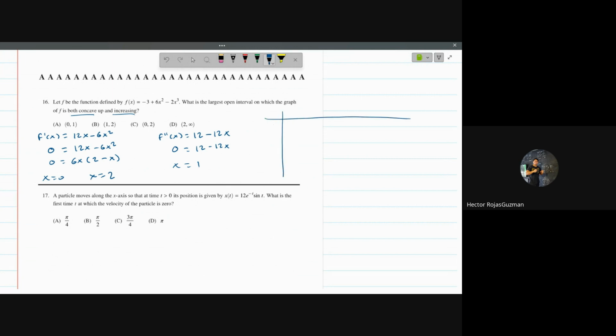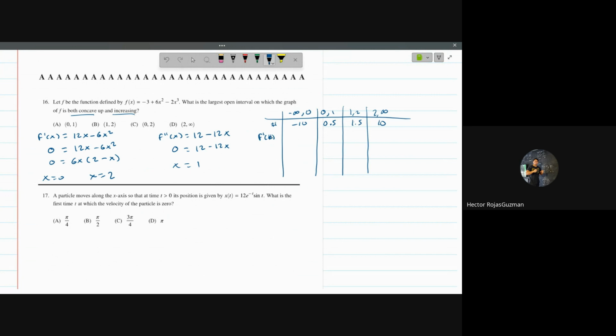So my interval from negative infinity to 0 is my first one, from 0 to 1, 1 to 2, 2 to infinity. You want to pick a number such as negative 10, 0.5, 1.5, and 10.